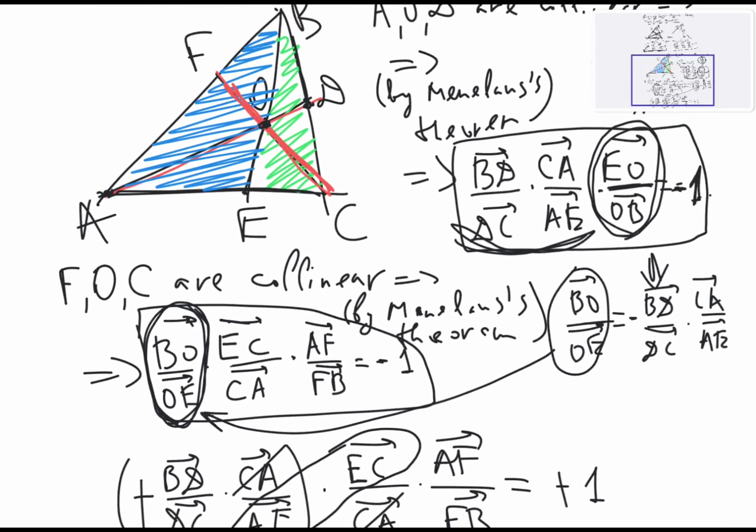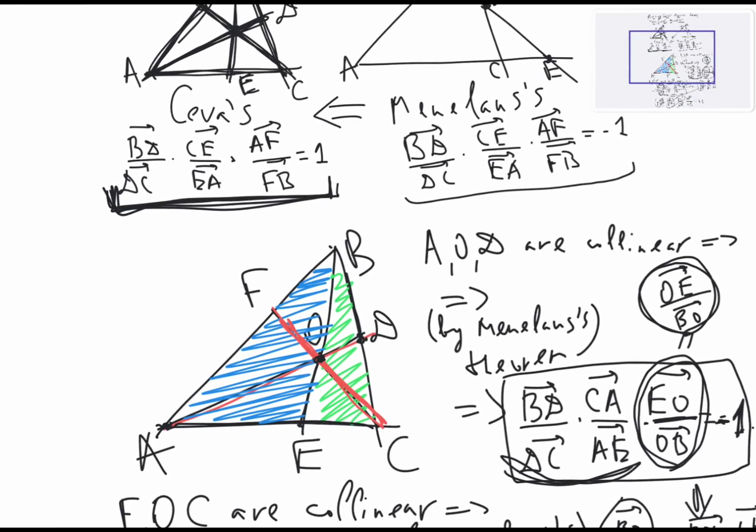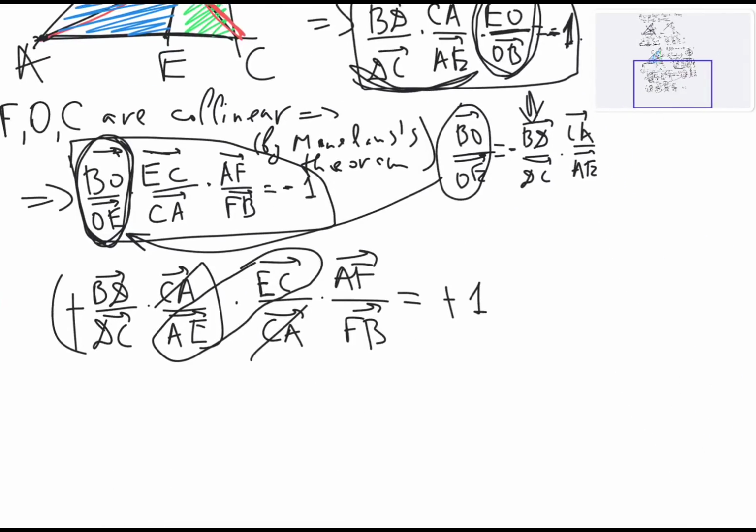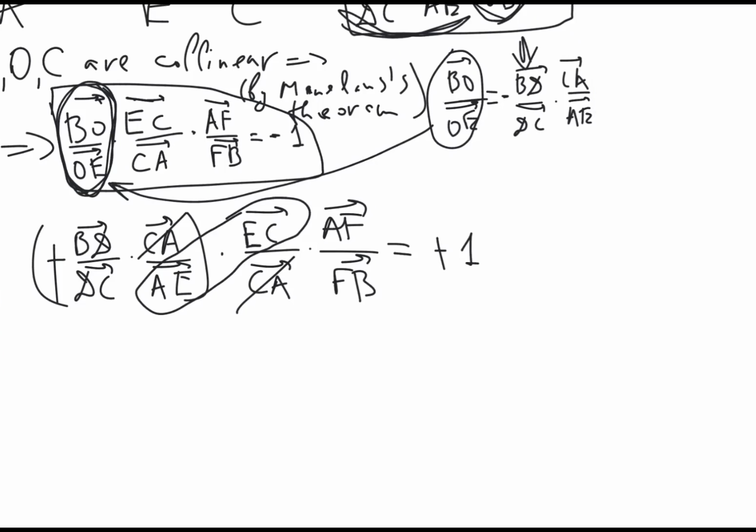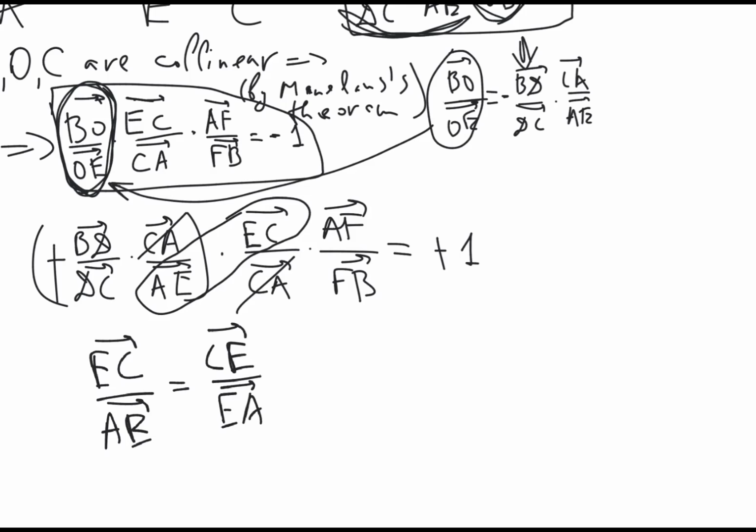So EC over AE, and here we need CE over EA. So we can observe that EC over AE is simply equal to CE over EA. So again, we invert both vectors in the numerator and denominator. We can do this always. So basically, this is this ratio.